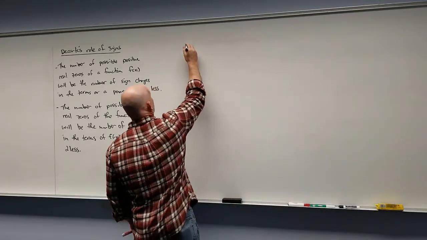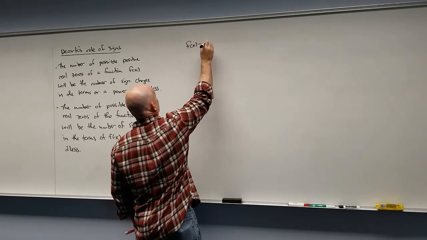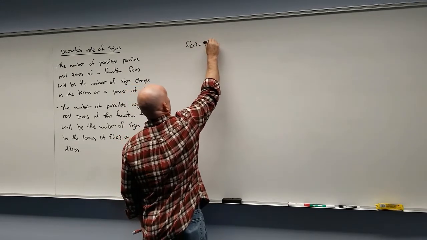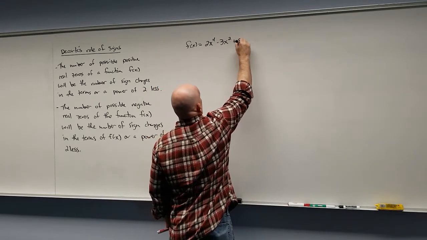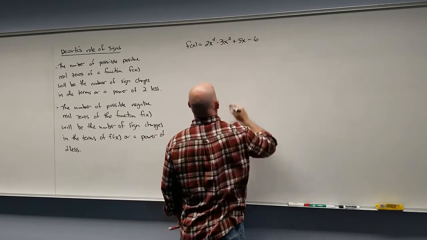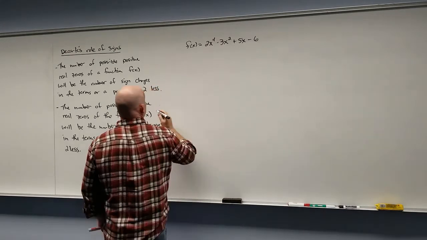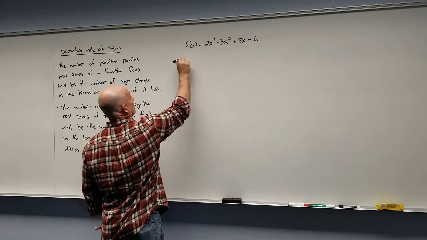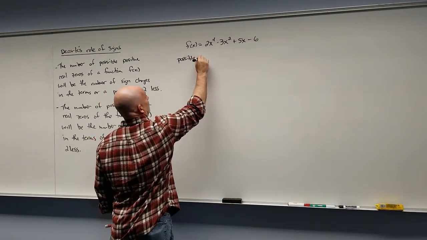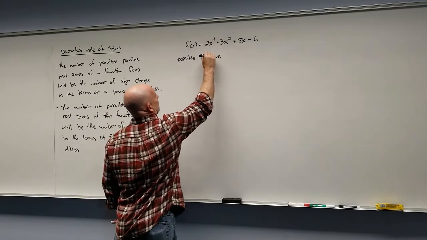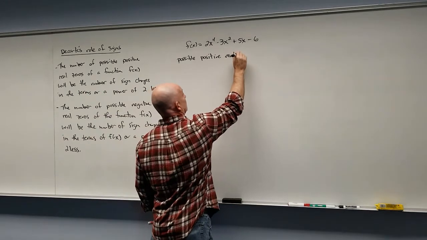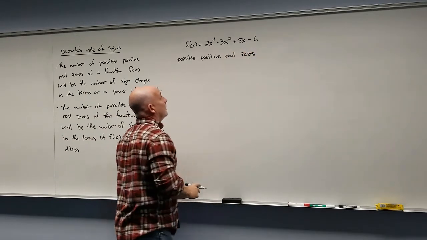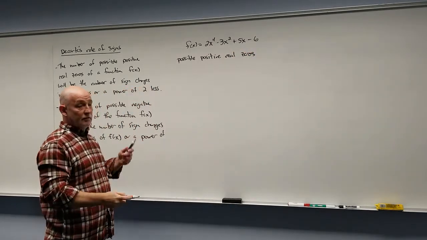So let's start out with some function f of x, and let's go 2x to the 4th minus 3x squared plus 5x minus 6. Okay, so for the possible positive real zeros, what you do is you start with the first term and just move it over.